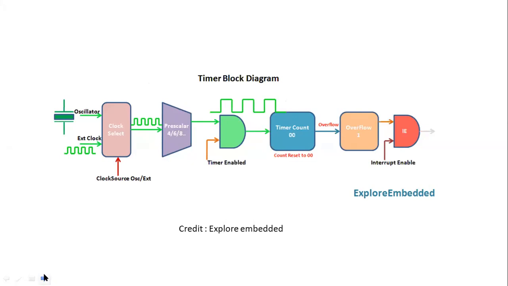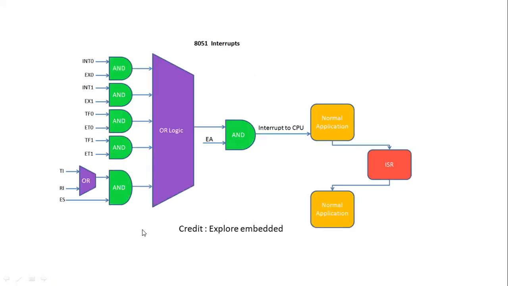Yes. Now let us move to the next figure. Here what you can observe is all the 8051 interrupts and the concerned logic. So here you can observe the INT0 interrupt and the INT1 interrupt, isn't it?